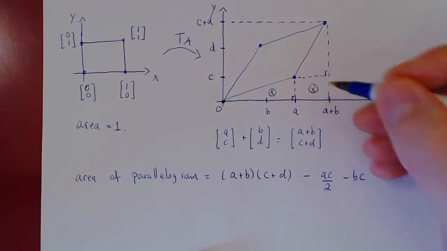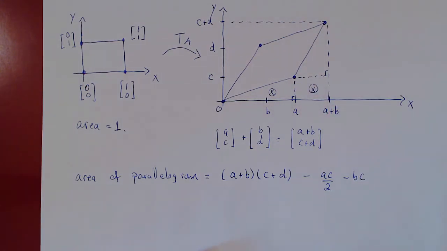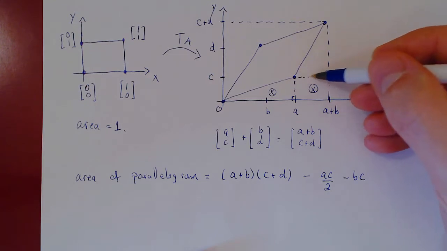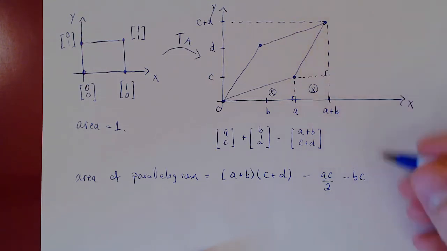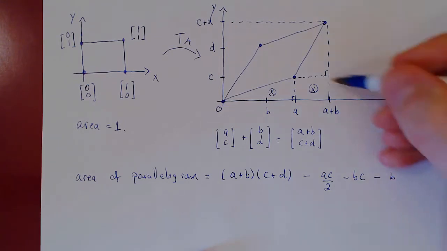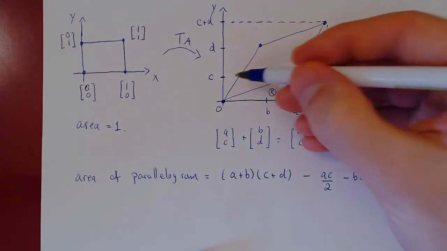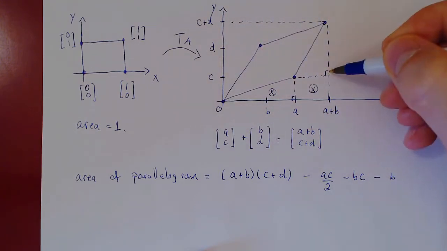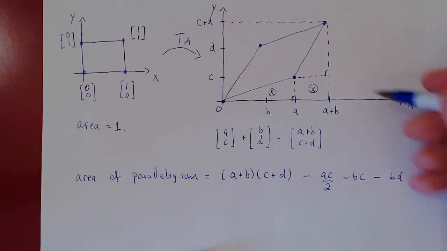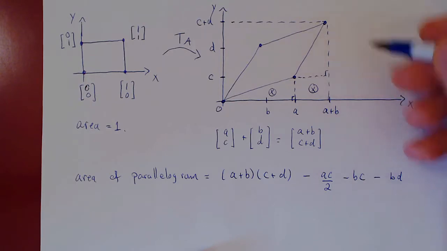Now we've removed the area of this. Finally, the second triangle here, well, again, the base is B, so minus B, the base. Now the height, we go from C to C plus D, so the height of our triangle here is D, so minus BD, base times the height, over 2.